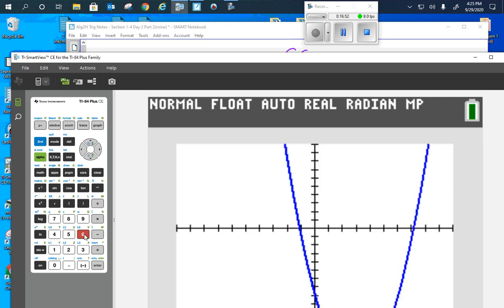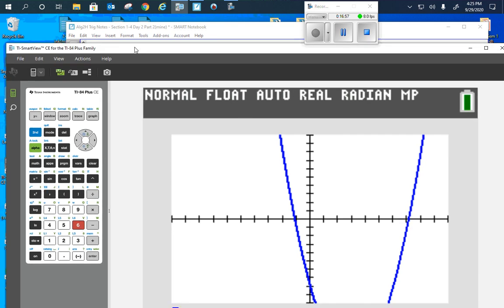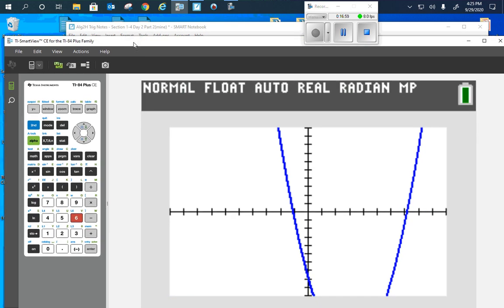Okay, now I'm comfortable looking at that. I'm comfortable seeing that and realizing that that's a parabola coming down from left to right, hitting its lowest point and then going back up. If you're not comfortable, you may play with the window and change it, okay? But I see the important parts, and that is where it crosses the x-axis.